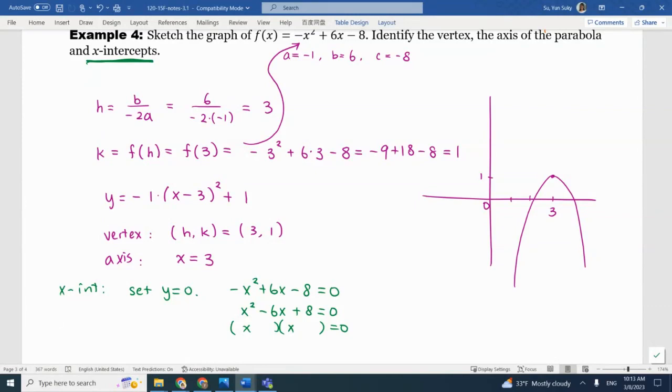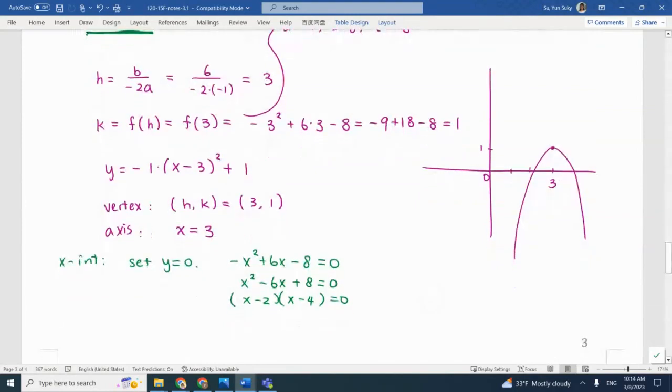Negative 2 and negative 4, right? Yes, everybody? Negative 2 and negative 4. Yes, take notes, take notes. So we set x minus 2 is 0 or x minus 4 is 0. What's x? X is 2 or x is 4.